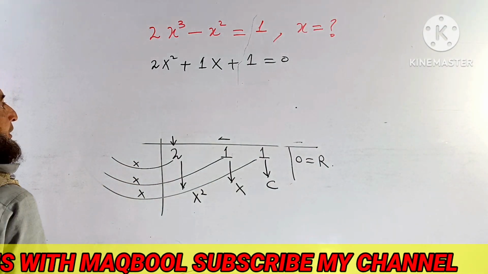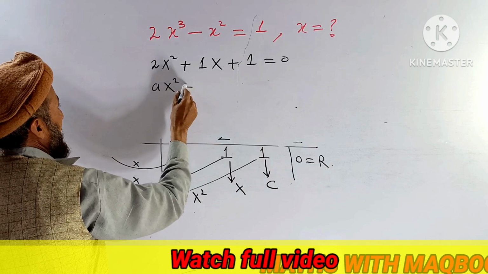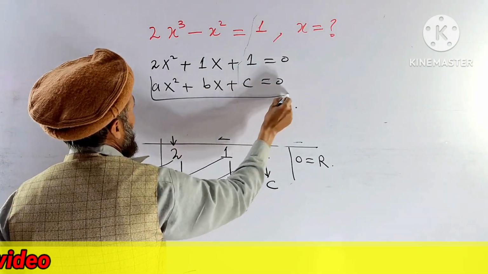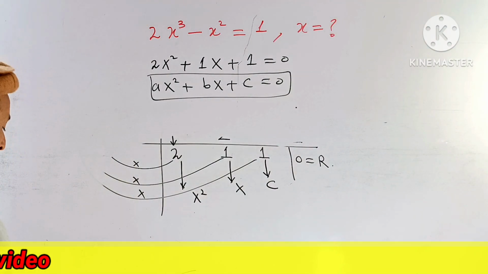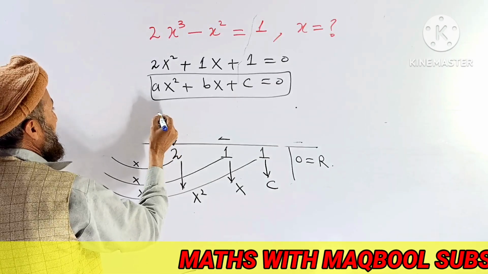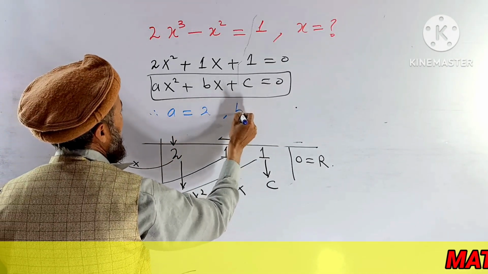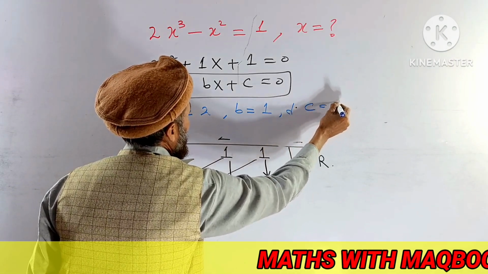Now we have the quadratic form. We compare with the quadratic equation ax square plus bx plus c is equal to 0. If we compare, we get a is equal to 2, b is equal to 1 and c is also equal to 1.